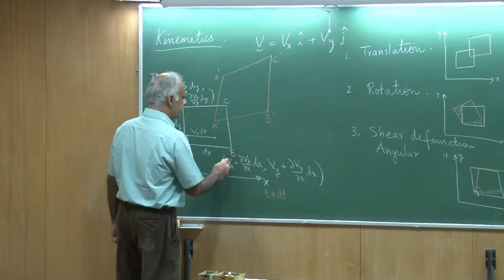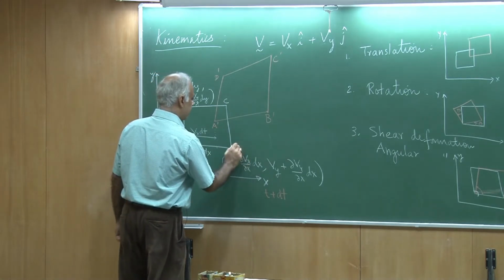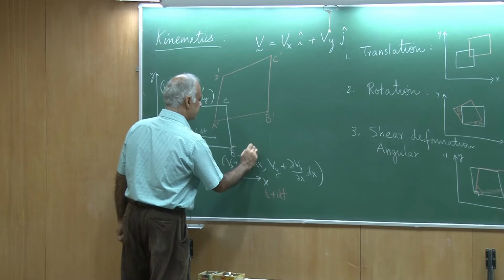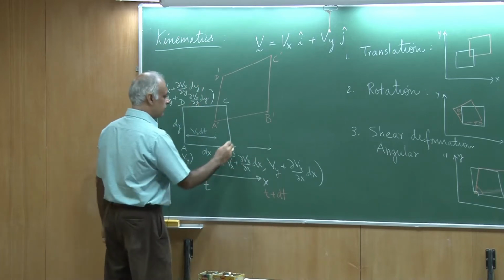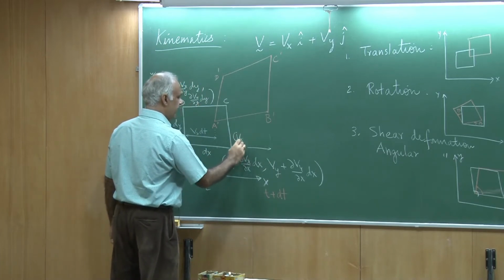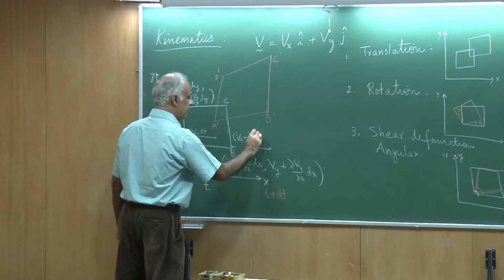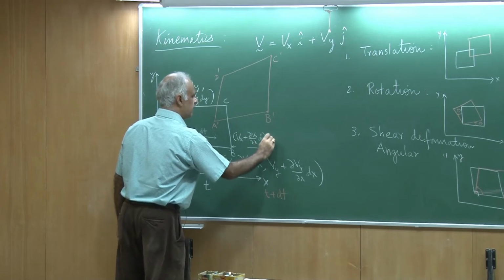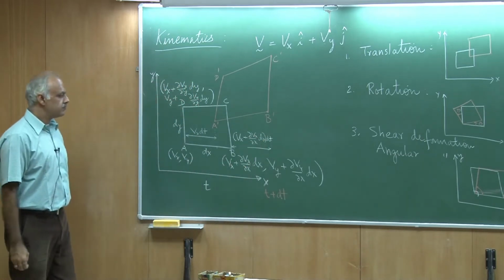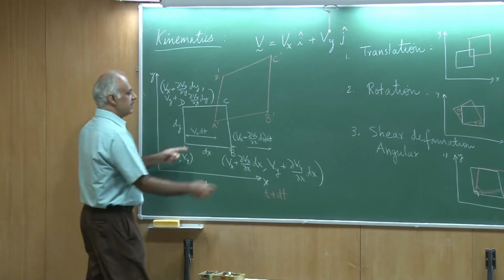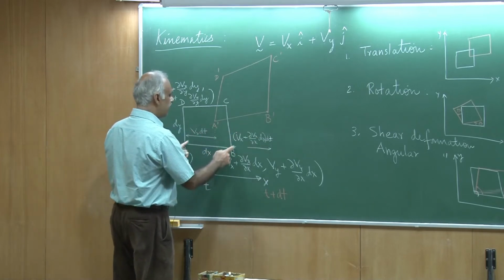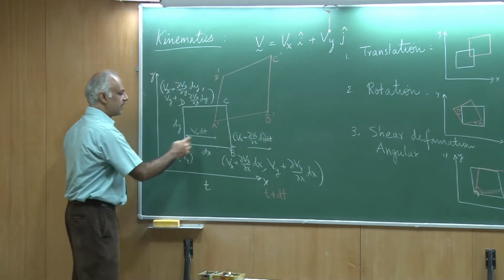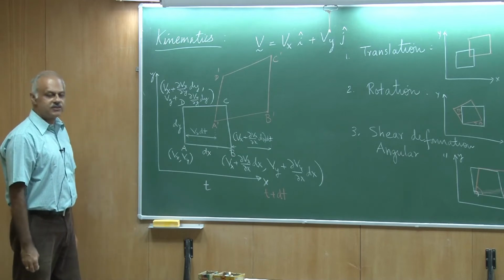The point B, for example, has travelled this distance, which I would call Vx plus del Vx by del x dx, times dt. And therefore, this edge length changes from dx to another quantity which we can find out by manipulating these two distances.